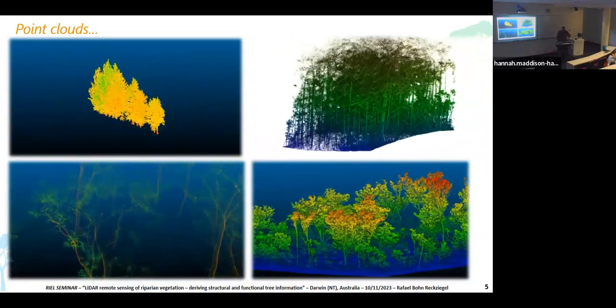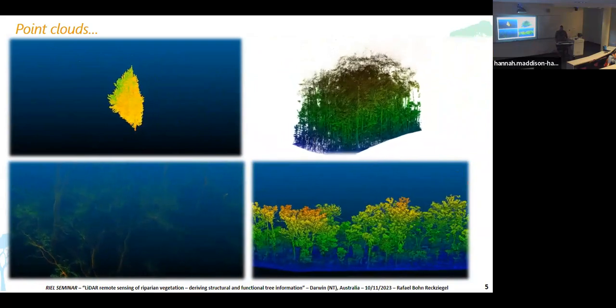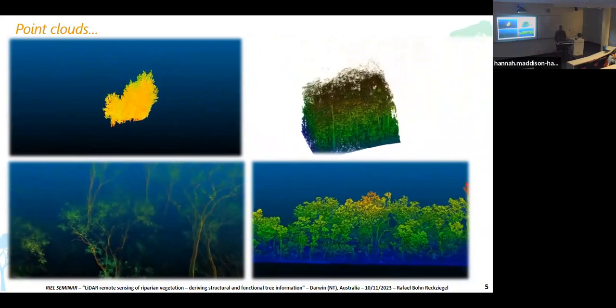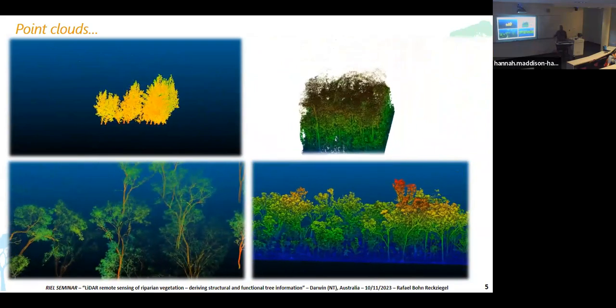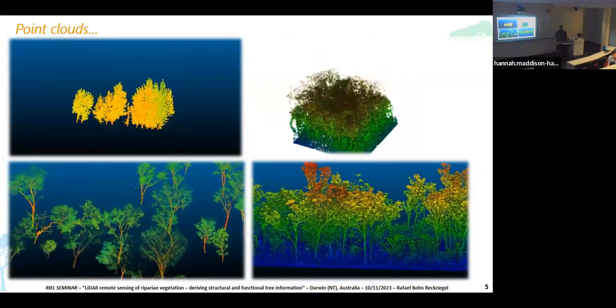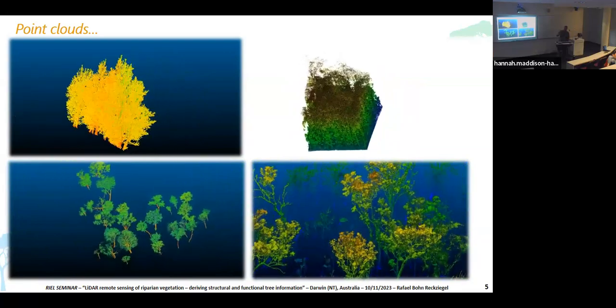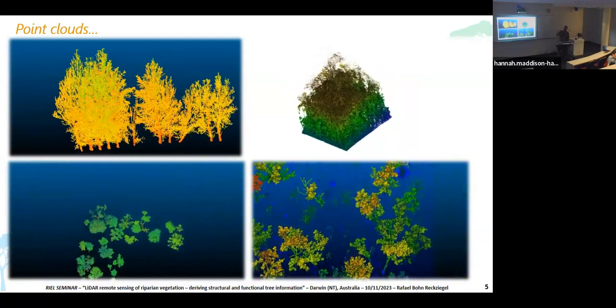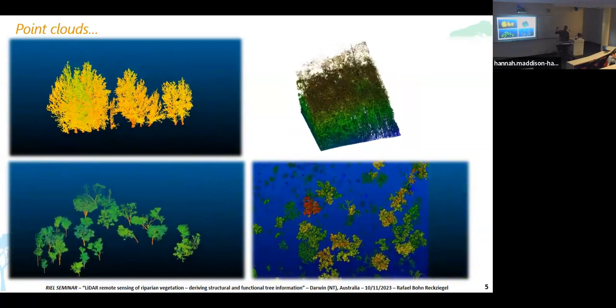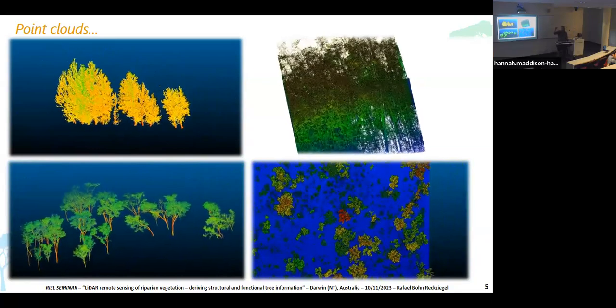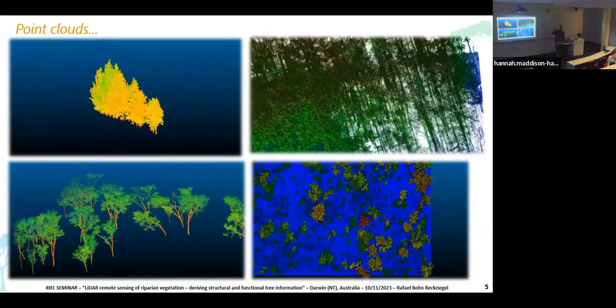You keep referring to terrestrial LiDAR. Is there a marine LiDAR? No, in that case, you would go into the water. However, we do have some laser systems that go through the water, normally used on airplanes. They call them green LiDAR because they have a different wavelength.